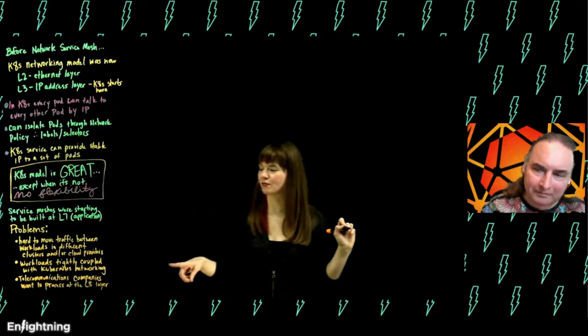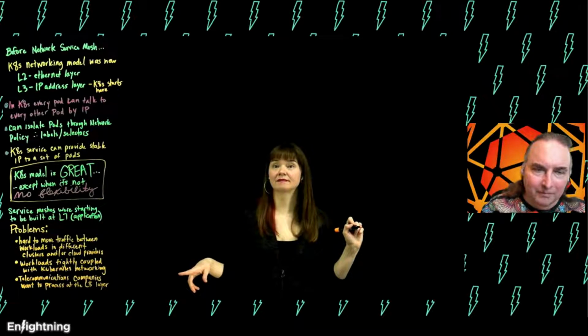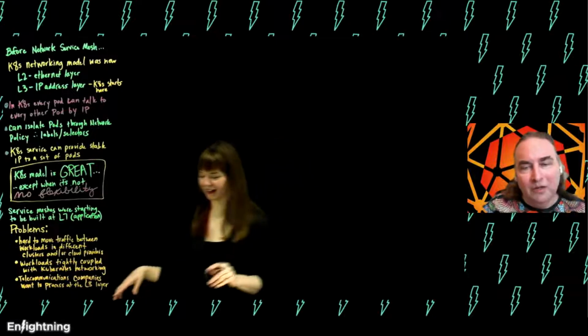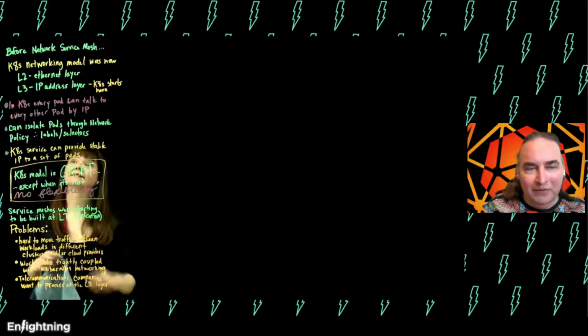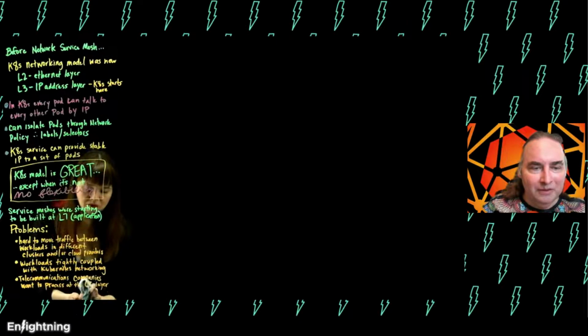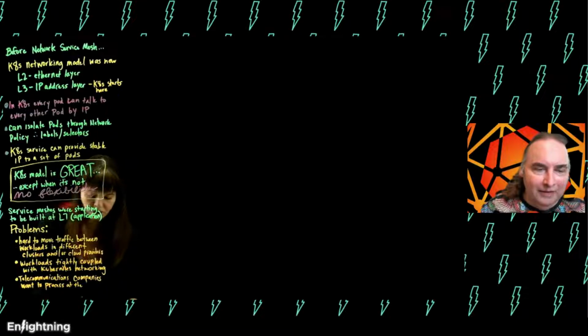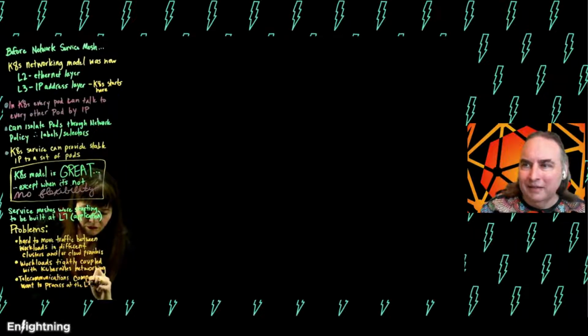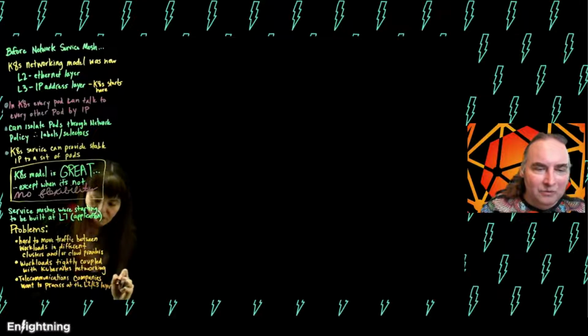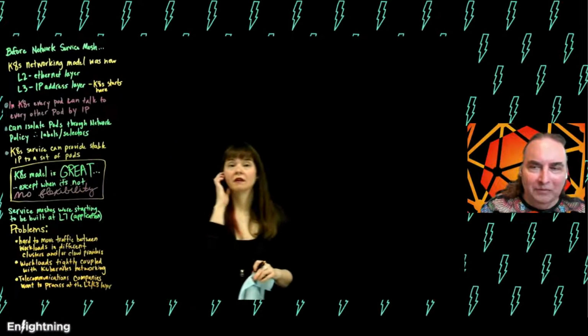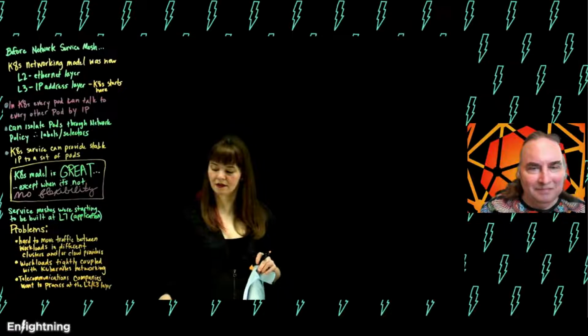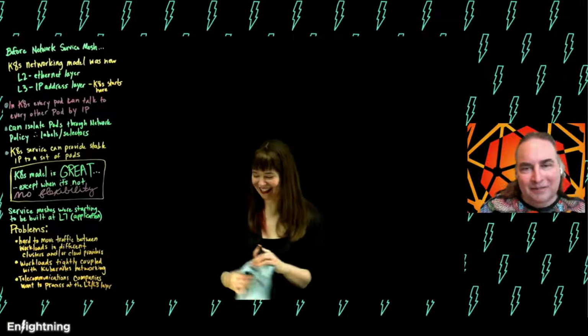Telecommunications companies want to process at the L3 layer, and also sometimes at L2, which we'll also let them do. We'll also let them carry Ethernet frames as payload if they want to. Enterprise use cases almost never want to do that, but it turns out that telecoms do, and I'm sure they have perfectly lovely reasons why they want to do that, and it's none of our business.